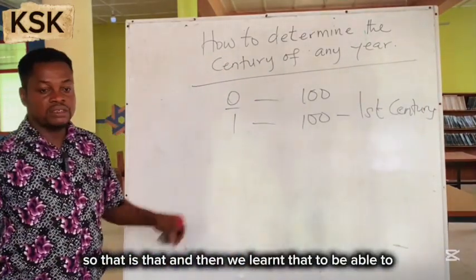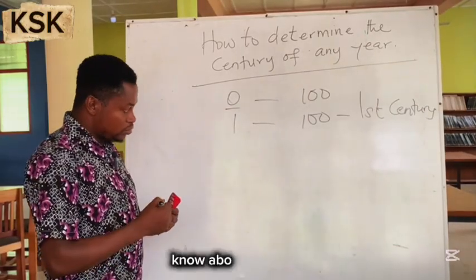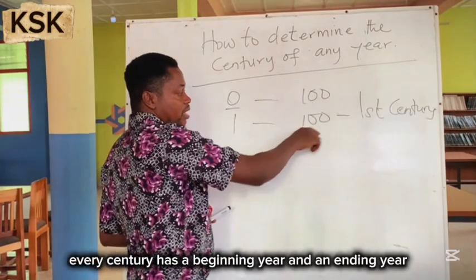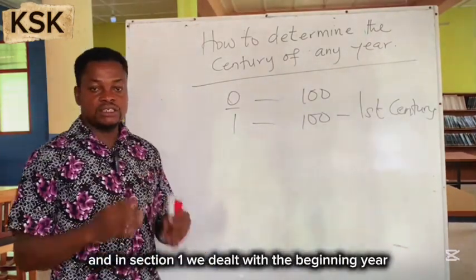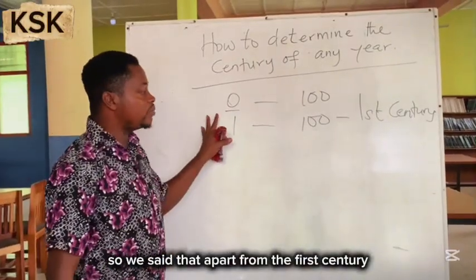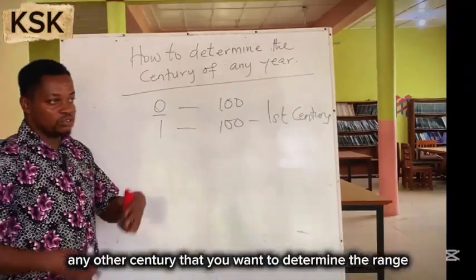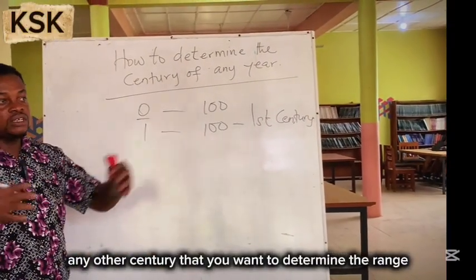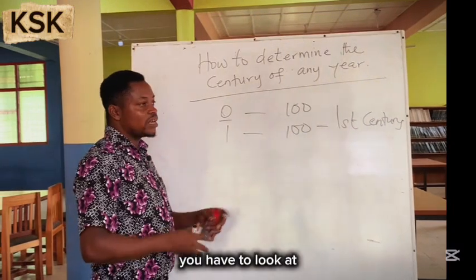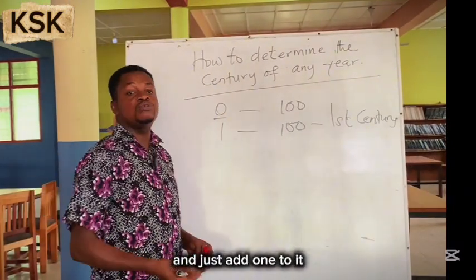We also learned that every century has a beginning year and an ending year, and in section 1, we dealt with the beginning year. Apart from the first century, to find the first year of any century, you look at the ending year of the previous century and add 1 to it.